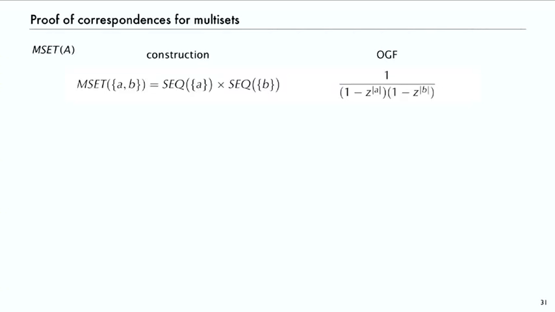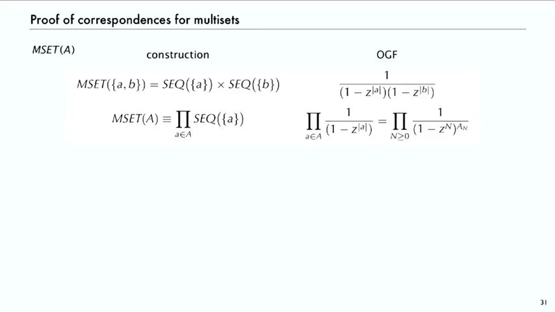And we could do the same thing for multisets. Again, if we have just two objects, it's a product of sequences, so the generating function is 1 over 1 minus z to the size of the first, times 1 over 1 minus z to the size of the second. And if we've got a class of objects, then it's a product of sequences of all the objects in the class. So that's just the product of 1 over 1 minus z to the size of the object.